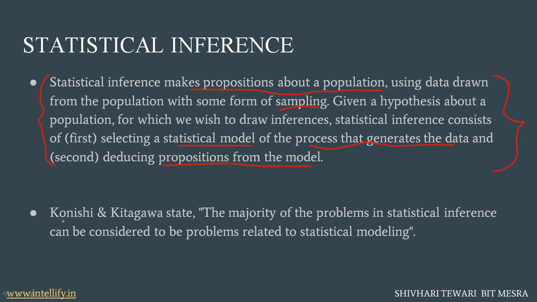Now there were two scientists, Konishi and Kitagawa, who stated that the majority of the problems in statistical inference can be considered problems related to statistical modeling. That means statistical inference is highly dependent on statistical modeling, and statistical modeling means using a statistical model for the process of data generation.